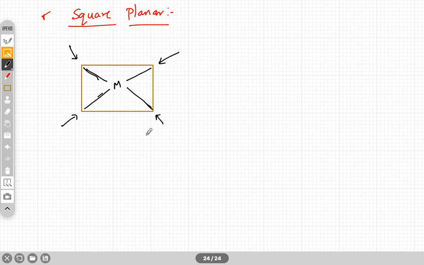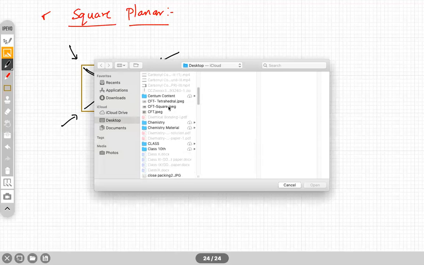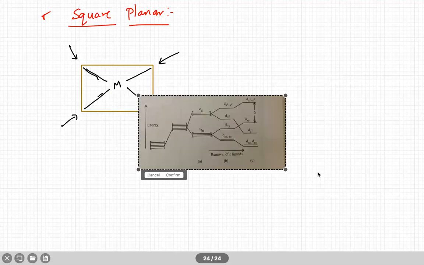Like in octahedral, the repulsion of dx square minus y square and dz square is the same, but here dz square won't have similar repulsion like dx square minus y square. So the eg orbitals also split into two parts, and t2g also splits into two parts because of the different repulsion in different orbitals. Let me show you the splitting here, then you will understand how it happens. So for square planar, the splitting is like this.